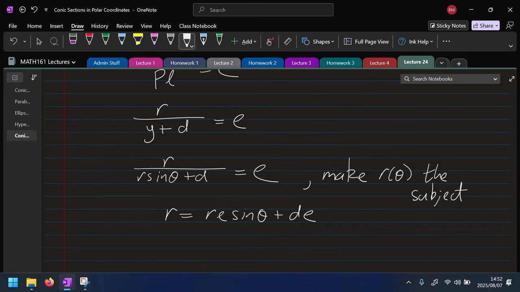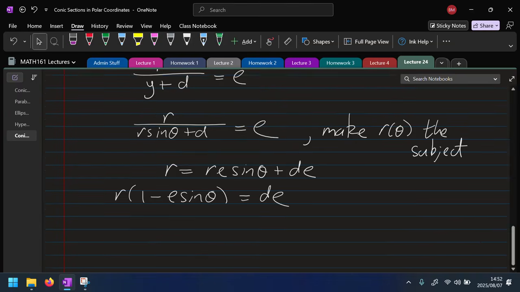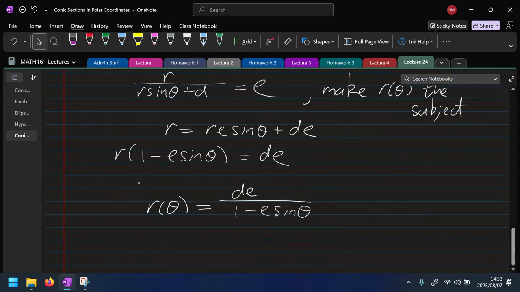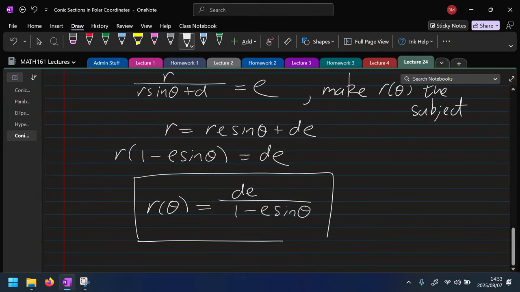Then the re sine theta, we're going to take over to the other side. And then we'll divide by that bracket part. Okay, and that's our polar form.